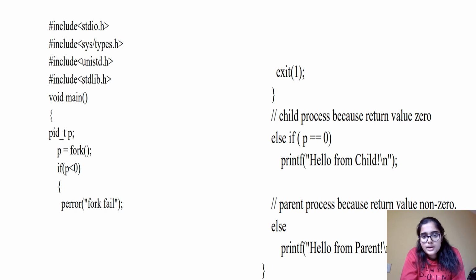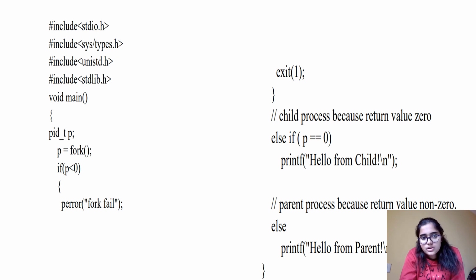It takes no parameters and returns an integer value. For a negative value, the creation of a child process was unsuccessful. For 0, it returns to the newly created child process. For a positive value, it returns to the parent or the caller. The value contains the process ID of the newly created child process.